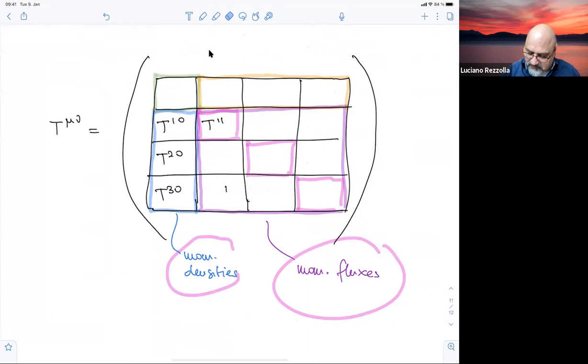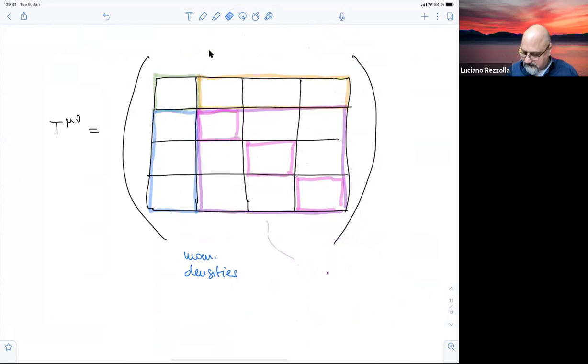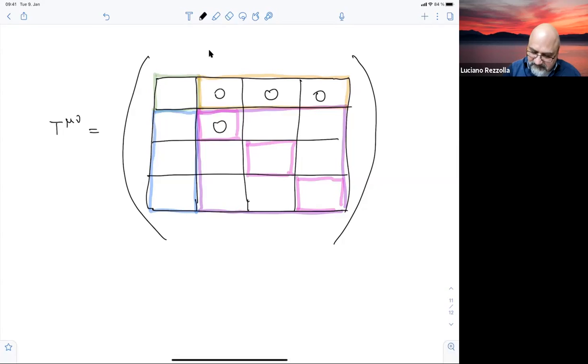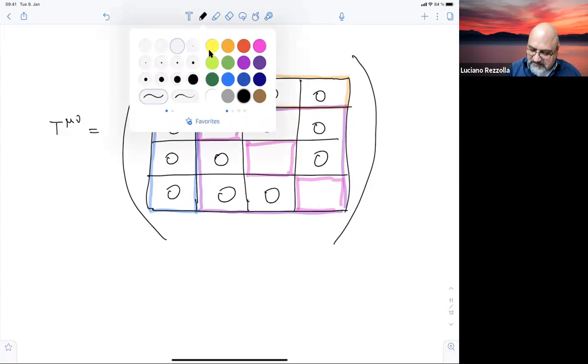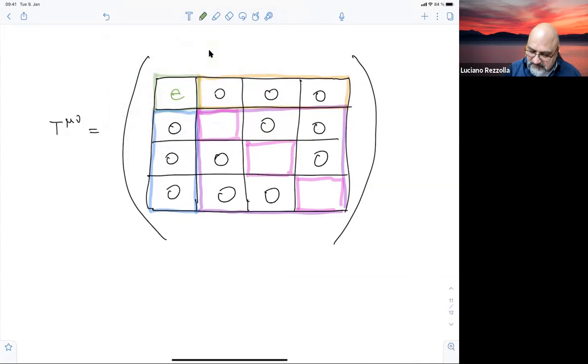The energy momentum tensor of a perfect fluid in the co-moving frame is particularly simple. Essentially it is all 0, apart from the diagonal terms, and these are the energy density and the pressure. Okay, so this is the energy momentum tensor.